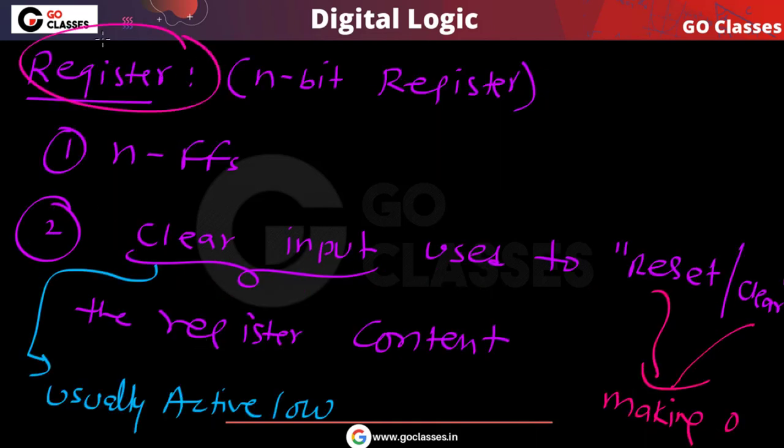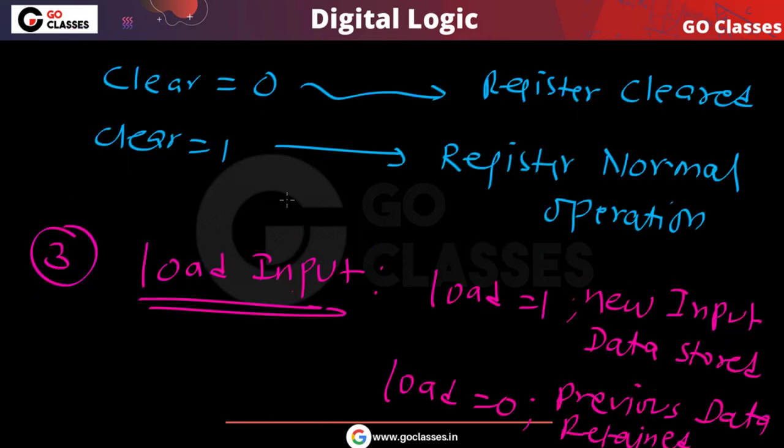So in a register, if you have an n-bit register, then you have n flip-flops. You have the clear input, which is used to clear the content of the register, and this is normally active low. When clear is equal to 0, the register will be cleared, and when clear is equal to 1, the register will perform its normal operation. And there is the load input.